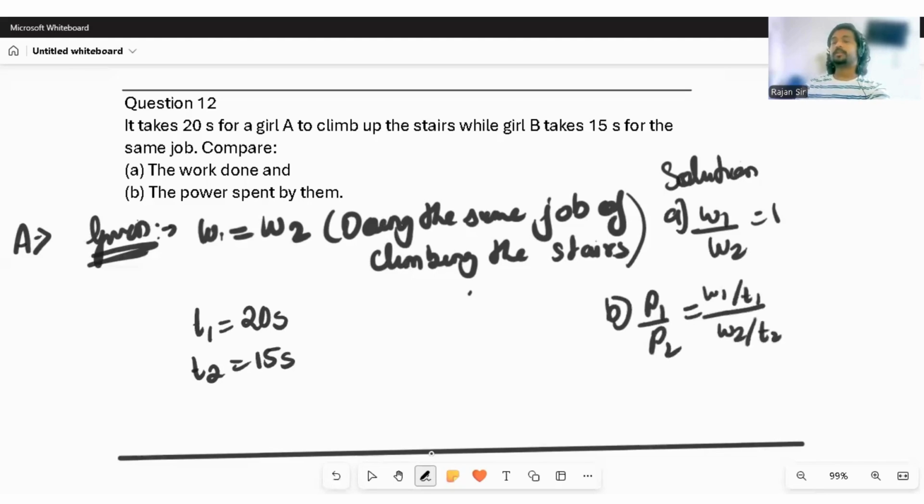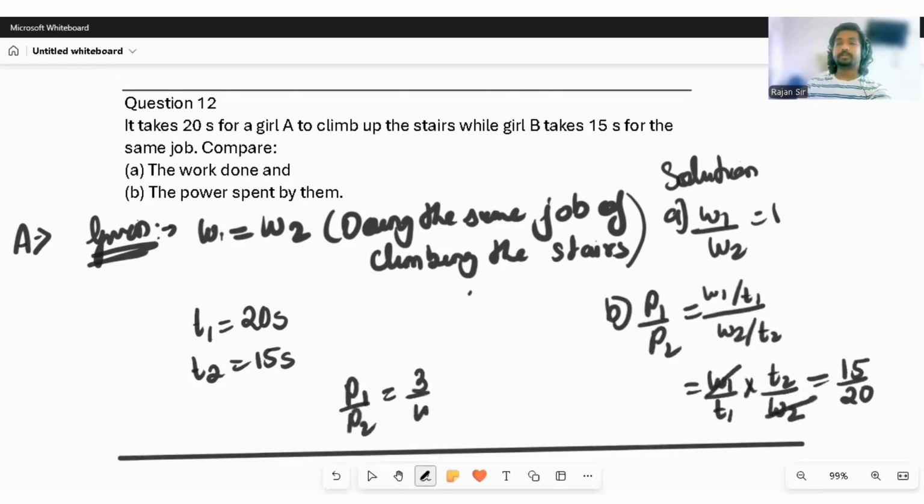So you can understand the denominator will go up. We have W1 by T1 into T2 by W2. And since W1 and W2 is same, so we have 15 by 20 comparisons. So we can have P1 by P2 is equal to 3 by 4. So that's the comparison between their powers.